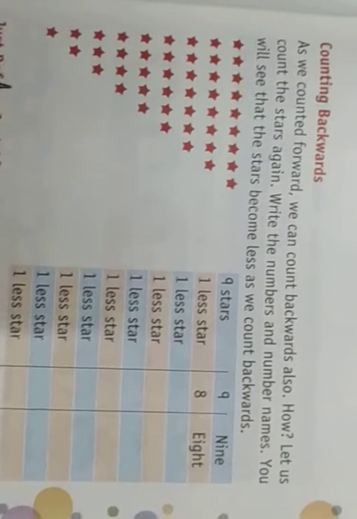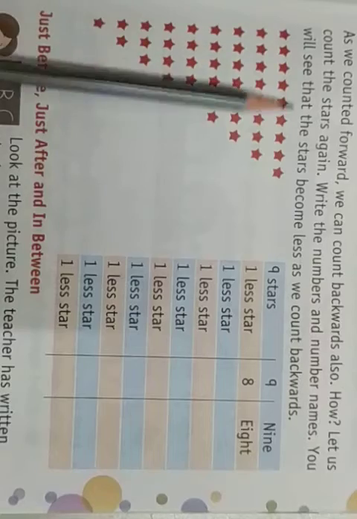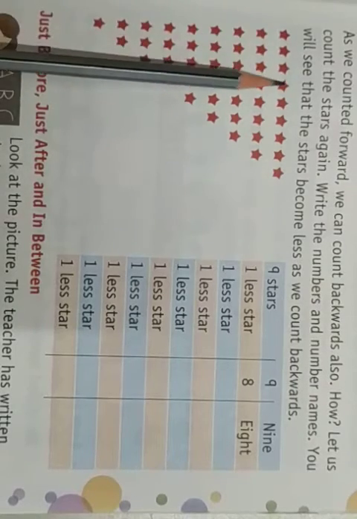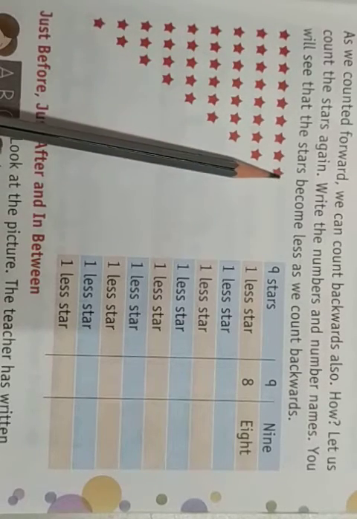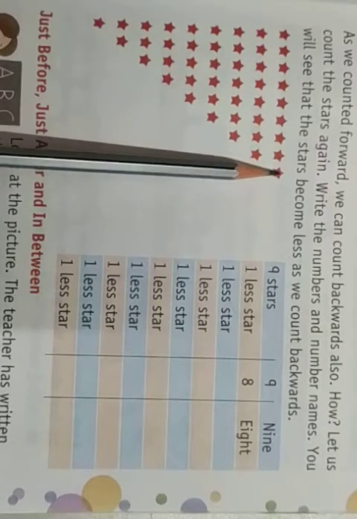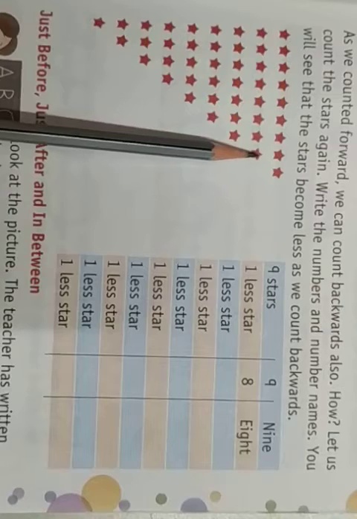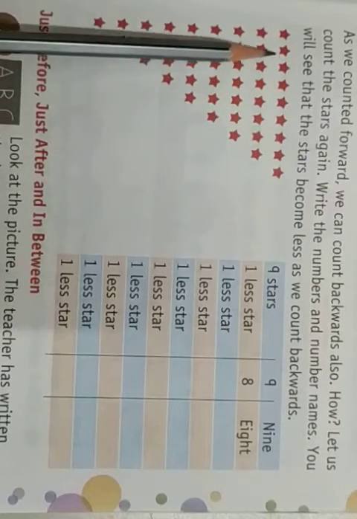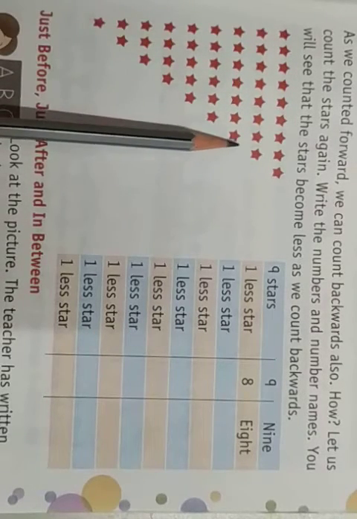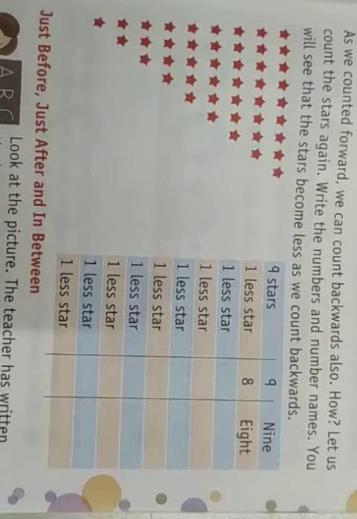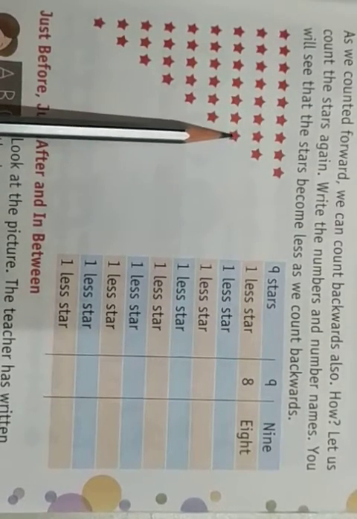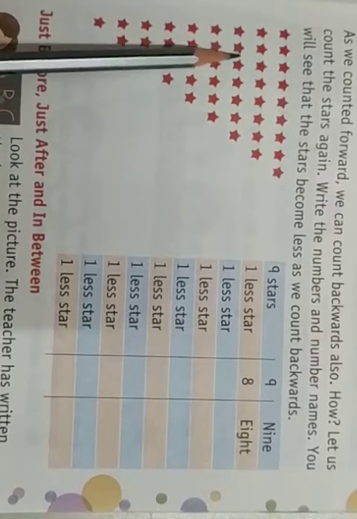Okay, so look at here in this picture. 1, 2, 3, 4, 5, 6, 7, 8, 9. Here 9. Here 1, 2, 3, 4, 5, 6, 7, 8. Here 1, 2, 3, 4. 1, 2, 3, 4, 5, 6, 7.